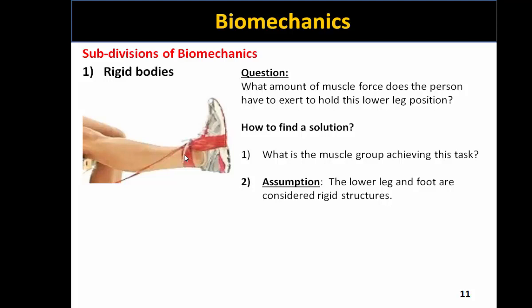Once again, we assume no change in shape of the lower leg and the foot, and we also know that the lower leg and foot are in a static position. You know it's in a static position because of the question posed here. The question asked how much force is necessary to hold the lower leg in this position, so there's no information that relates to movement.